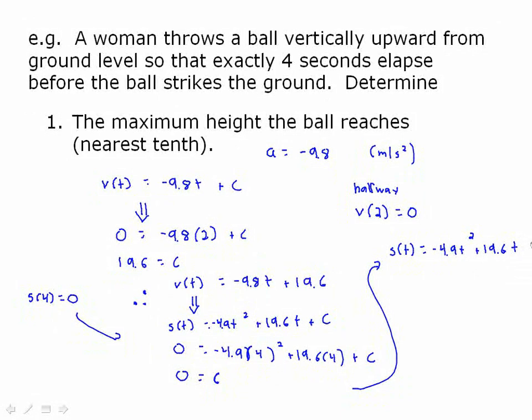And what the question is asking for is its maximum height. We know that this is happening at 2 seconds, so find s at 2. So we just punch that right through. s at 2 is equal to negative 4.9 times 2 squared plus 19.6 times 2.